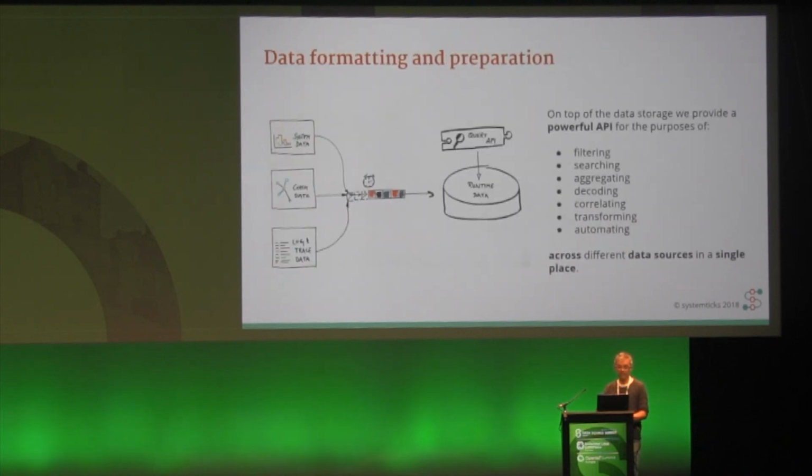Since all of those data have a timestamp, we are able to streamline the data and accurately correlate it on the tool side, so we can set the data in relation with each other at a single place. Whenever we have a timestamp available, we are able to do that.